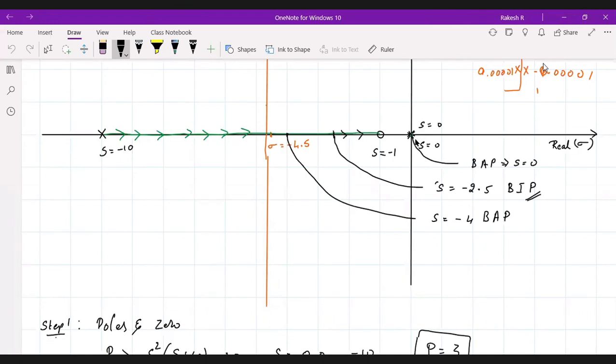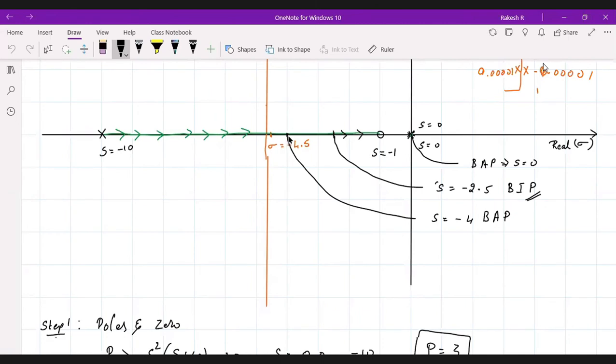And if the breakaway or break-in point is existing in between poles, that becomes a breakaway point. If the root lies in between two zeros, that becomes a break-in point here, right? So we got this as a break-in point and this as a breakaway point, right?